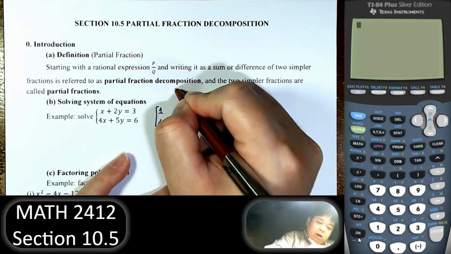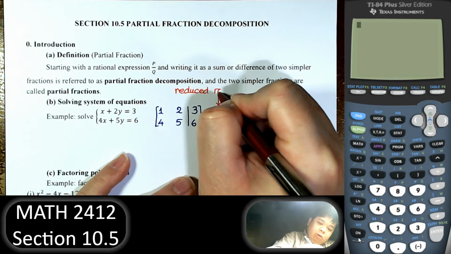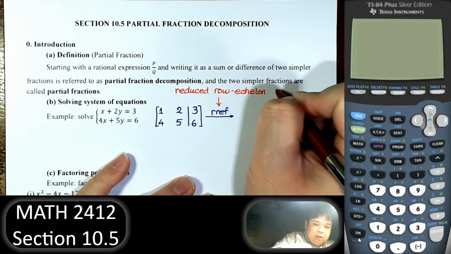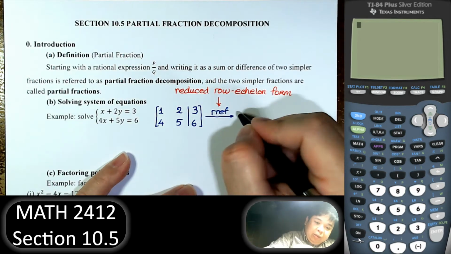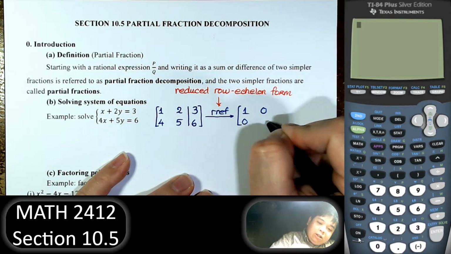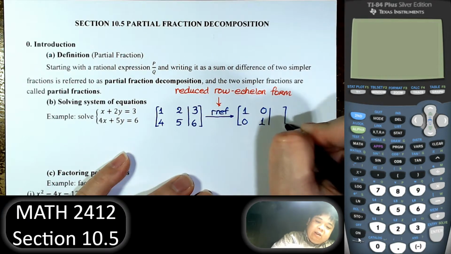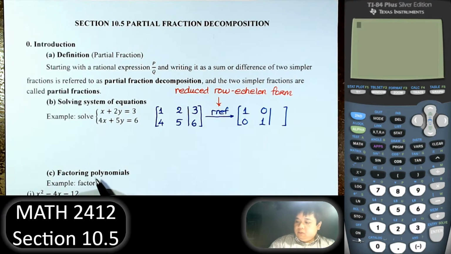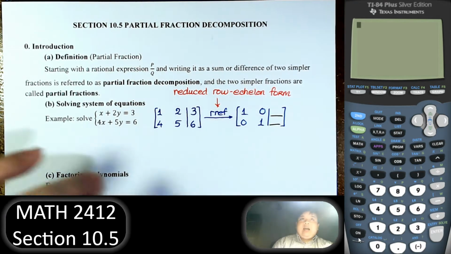This is called reduced row echelon form. If we do that and the left hand side turns into the identity matrix, then what we have here will be the answer.